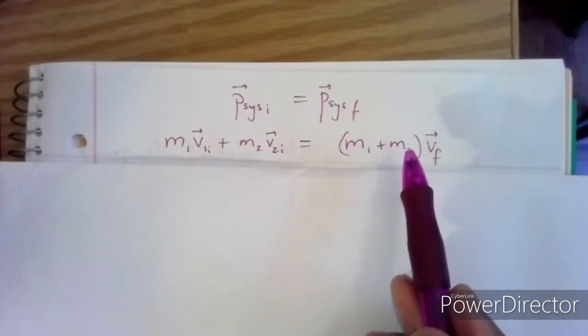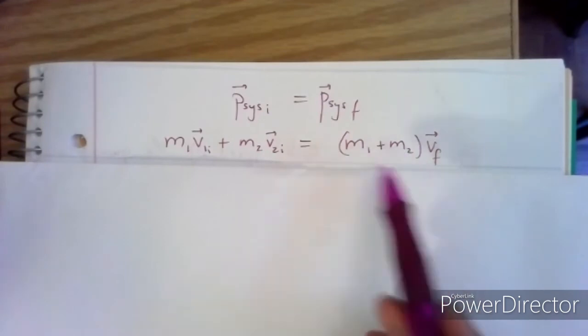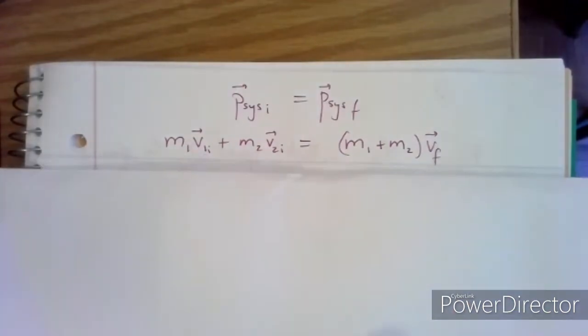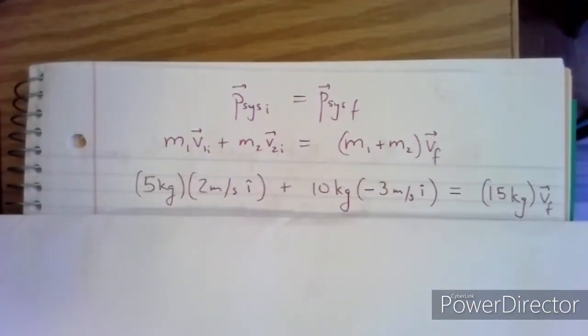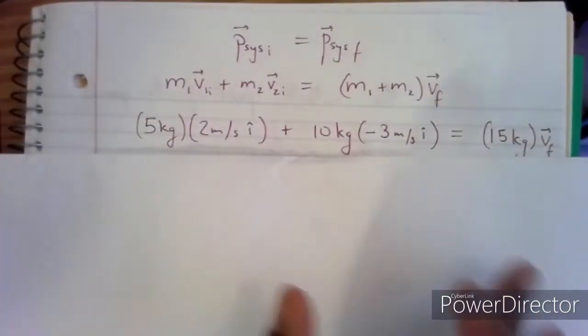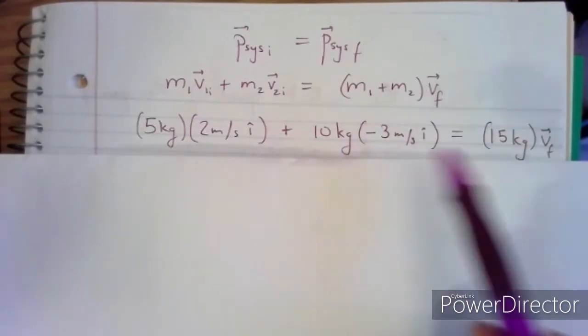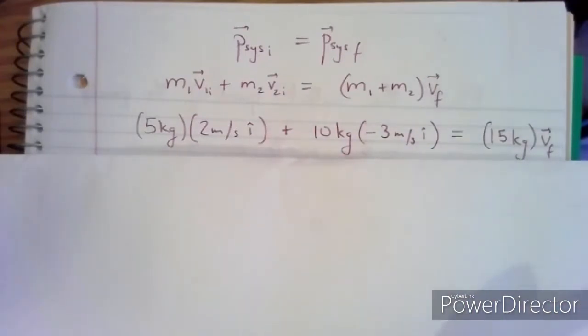So when we calculate P equals mv, we are using the total mass, m1 plus m2, and there's only a single velocity since they are moving together. I plug in the numbers for m1, v1, m2, v2, and the combined mass. And, well, yes, I just have this equation.